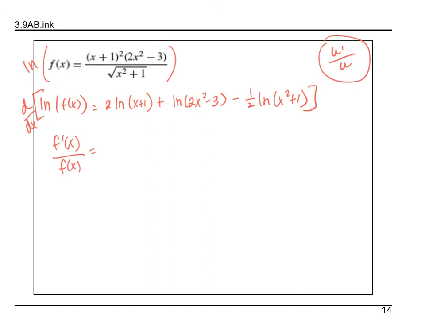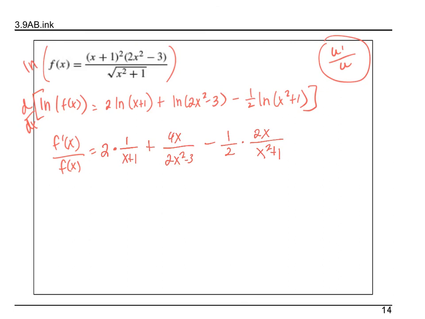When I derive each individual term on the right, the coefficients would stay, and I would have u prime over u. So x plus 1 prime is 1 over x plus 1, plus u prime over u again. 2x squared minus 3 prime is 4x over 2x squared minus 3, minus 1/2 stays. X squared plus 1 prime is 2x over x squared plus 1.